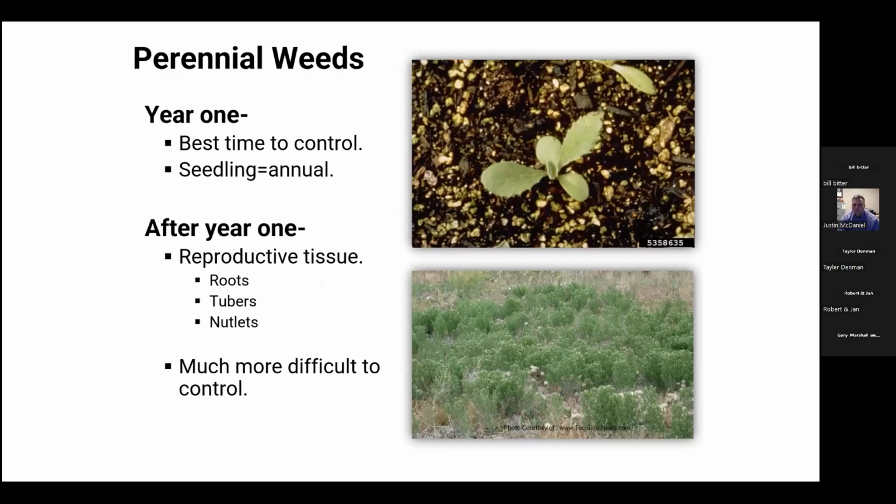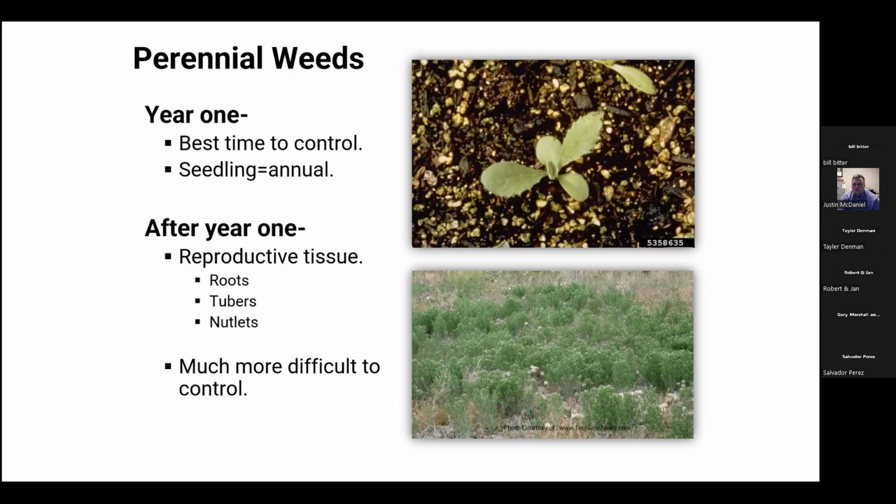Perennial weeds, obviously year 1 is going to be the best time to control those. When they're little bitty seedlings, that's going to be the easiest time to target them. After year 1, like I said, they've got that reproductive material and those carbohydrate stores under the ground, so it's a little bit more difficult. You may need to use more of a multi-year approach for that.